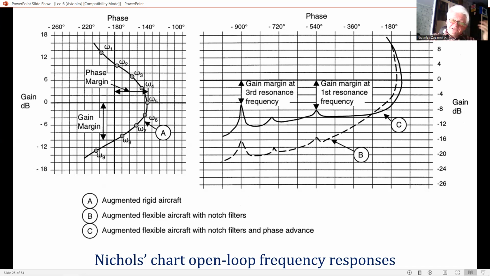That is minus 540 and minus 900 and so on, as well as minus 180 degrees. An adequate gain margin you may see in this phase plot on the second part here on the right. So an adequate gain margin of, say, 9 decibel is required at this frequency.